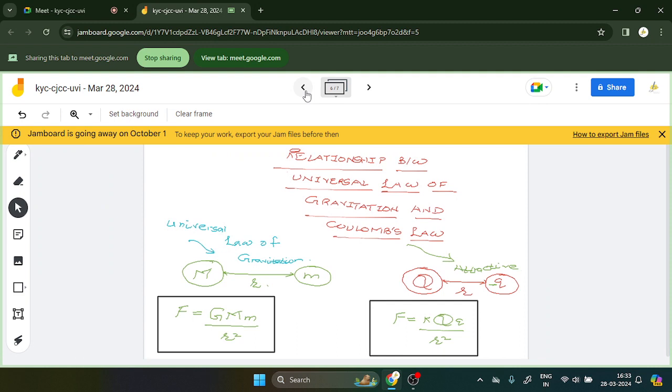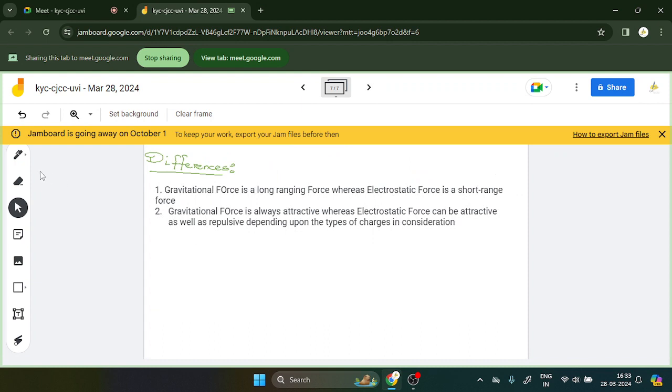Any more difference that you can see between these? Electrostatic force is very much stronger than gravitational force, right? So the third point is, I'm writing here, electrostatic force is very much stronger than gravitational force.